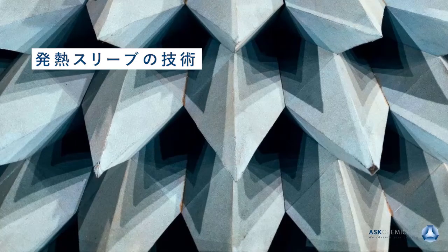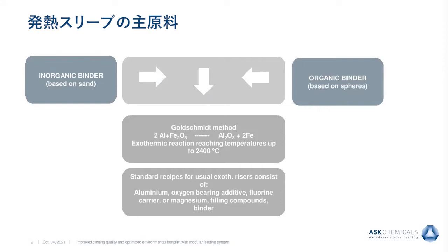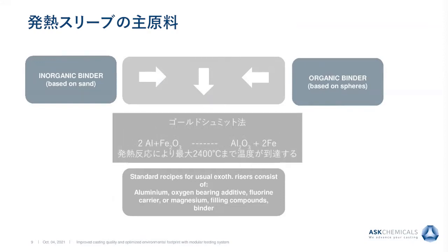So I'd like to tell you something about the technology of the exothermic risers today. The basis for these exothermic risers is the Goldschmidt method, also called thermite reaction. This is where aluminium and iron oxide react together. This reaction reaches temperatures up to 2400 degrees, which are not needed in foundry applications.